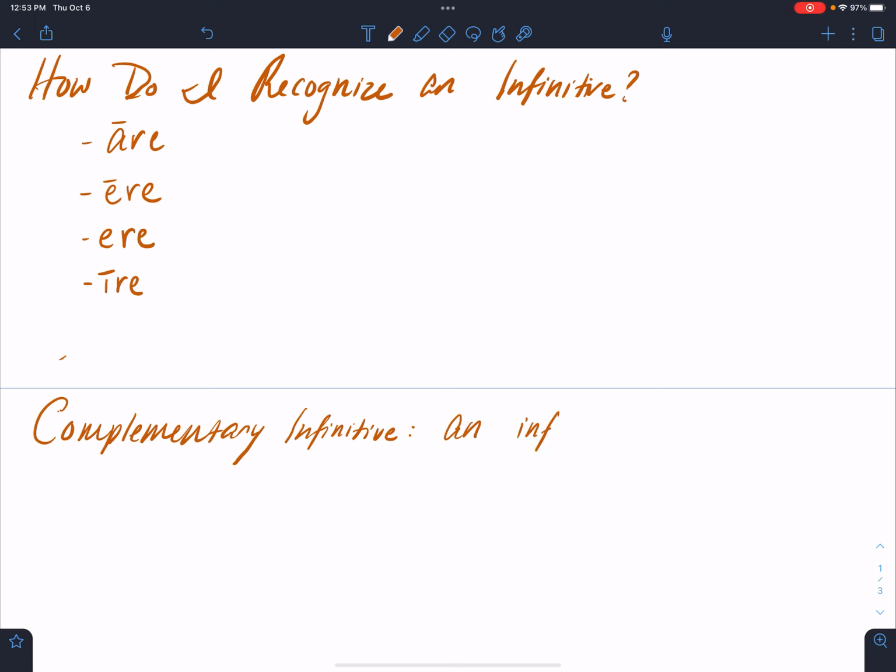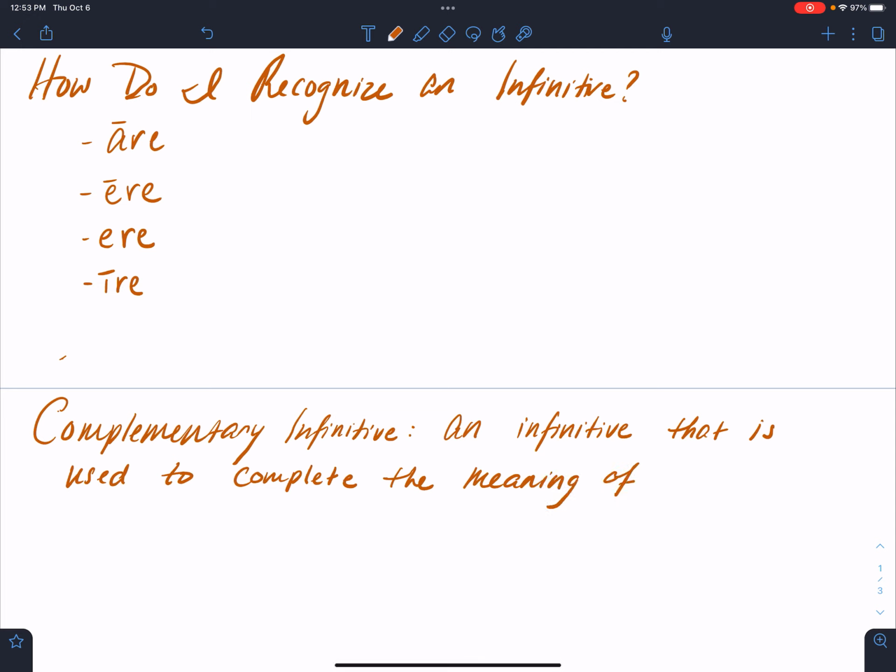An infinitive that is used to complete the meaning of another verb. Okay, and that's why it's called complementary, because it completes another verb. And we'll look at an example here.